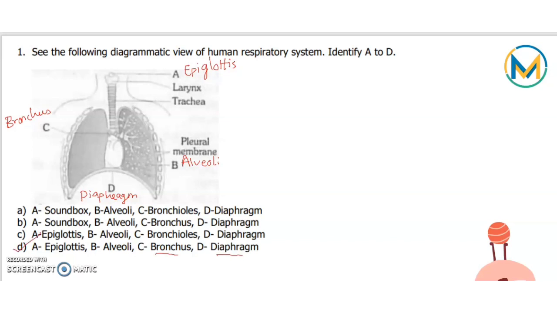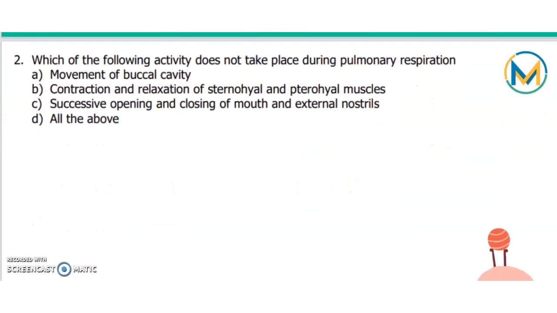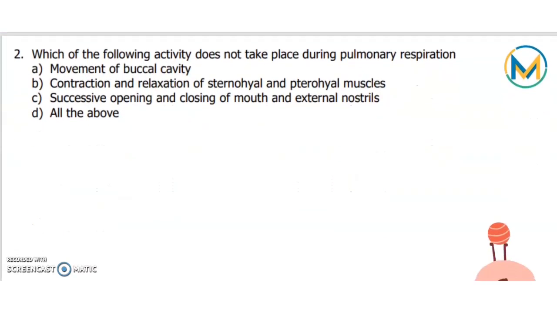Next question. Which of the following activity does not take place during pulmonary respiration? In pulmonary respiration the mouth remains closed all the time, whereas the nostrils are open only when air is taken in and passed out, that is during the first stroke of inspiration and the second stroke of expiration respectively.